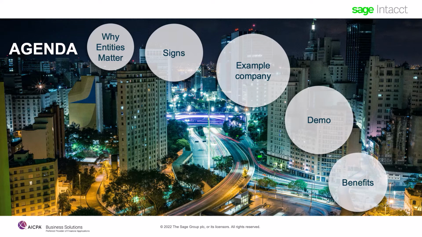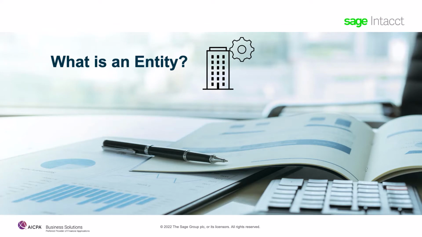We'll walk through a demonstration of how you can easily manage multiple entities using Sage Intacct. Then I'll share with you the benefits you can expect using Sage Intacct for multi-entity consolidation and management. And lastly, we'll answer questions and let you know where you can find more information. So let's get started. So why do entities matter and why is consolidation important?